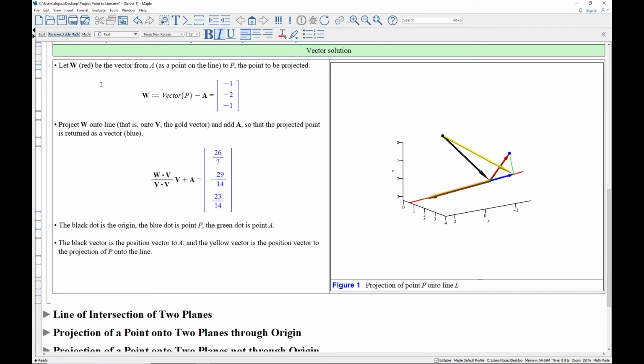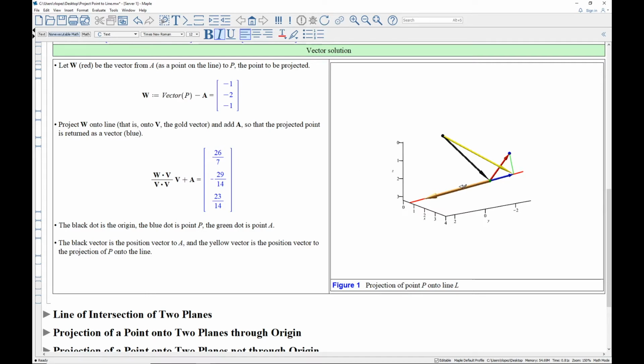And how would you do that here in Maple? W is this red vector, and it is the vector P, so that's a position vector which you don't see, minus A. So that's the red vector.